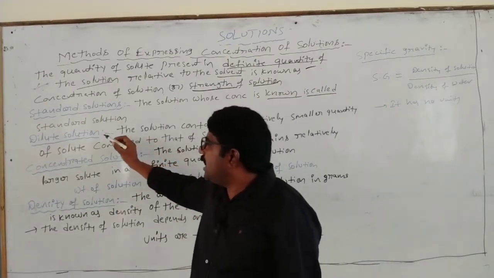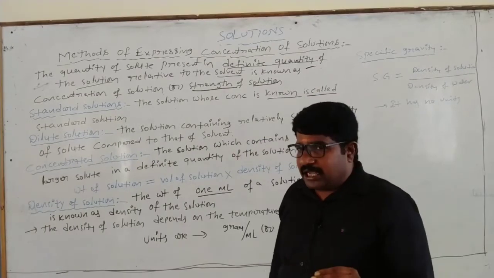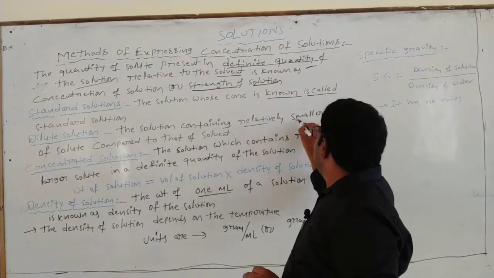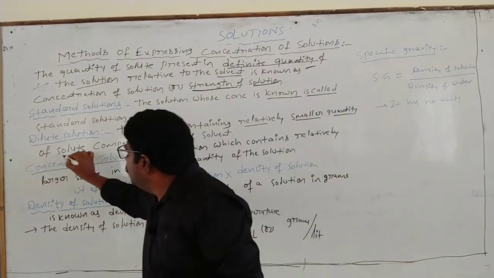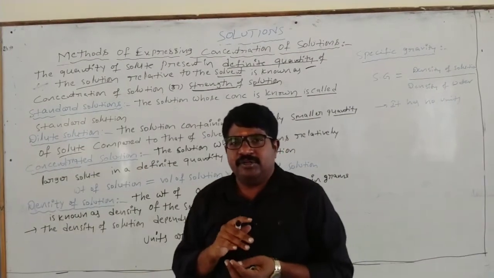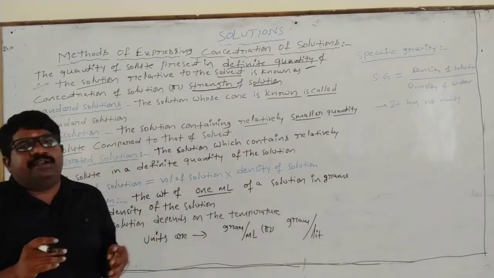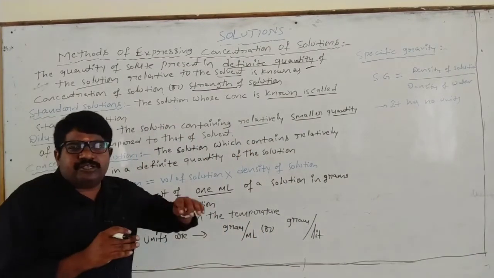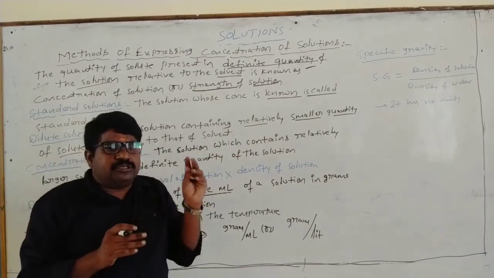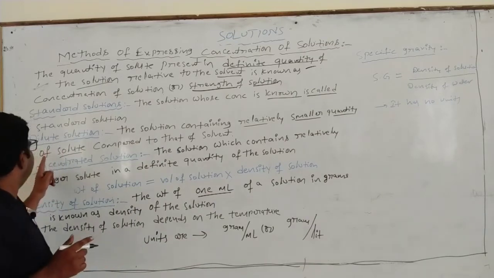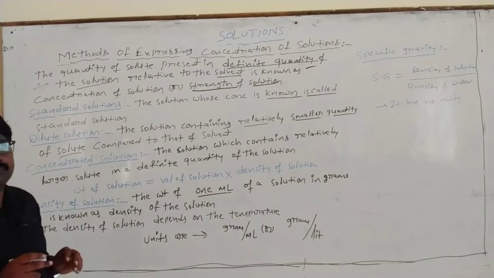Right. Next, what is a dilute solution? A dilute solution is a solution containing a relatively smaller quantity of solute. A solution contains solute and solvent. When the solute quantity is less than the solvent, that is called a dilute solution.